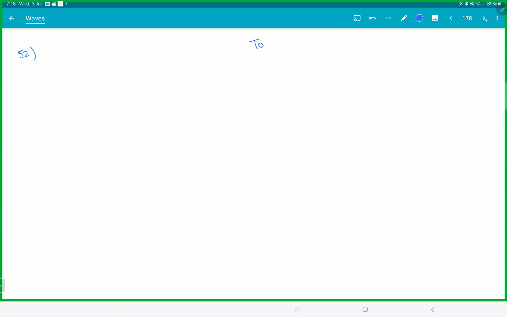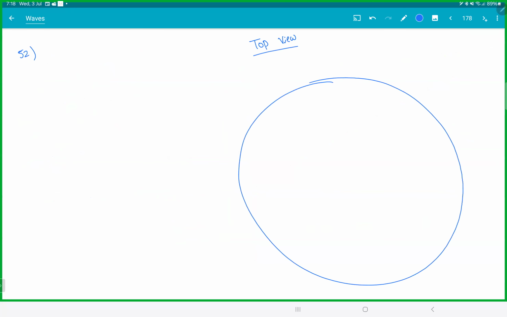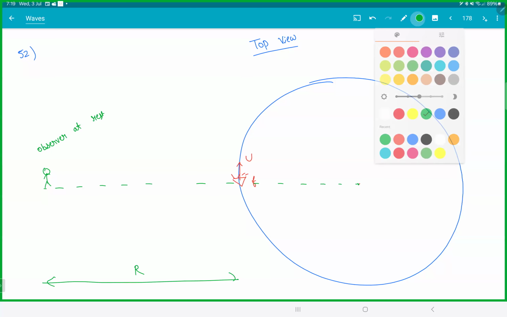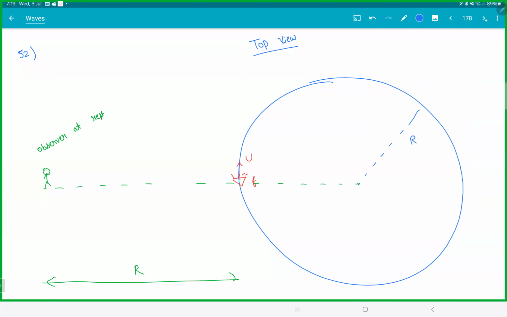Top view. We have a source here, which is going in a circle with speed u. From the center, we have a person standing here, observer at rest. This distance is r. Radius of the circle is also r. So this thing is going in a circle.